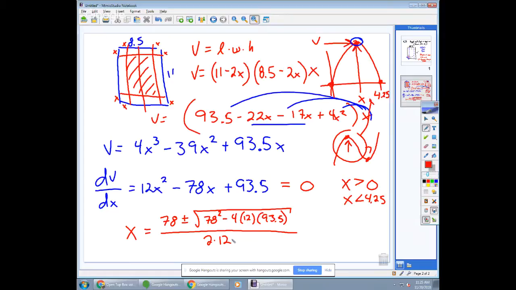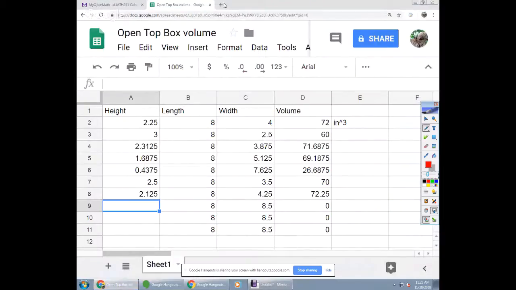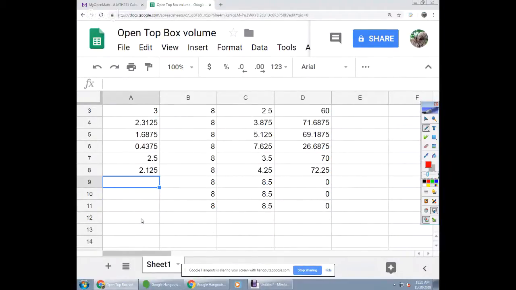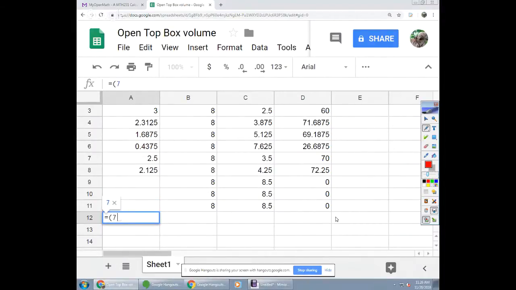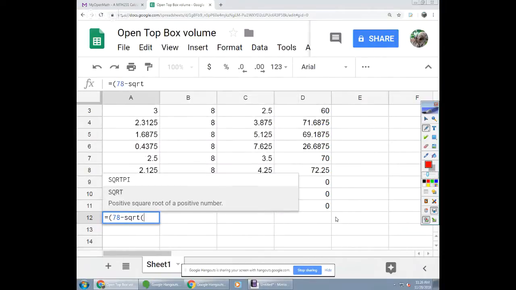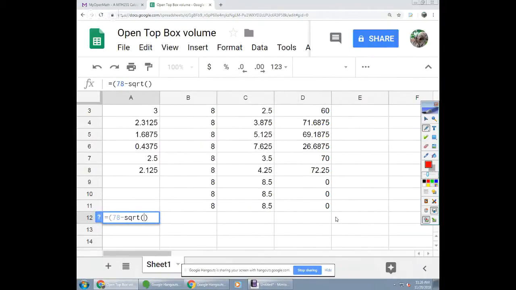And it looks pretty likely we're going to want the minus, I think. Find out in a sec. So whipping out calculators, please. Let's see. Should I use a spreadsheet as a calculator? Oh, sure. So equals parentheses 78 minus the square root of 78 squared minus 4 times 12 times 93.5.